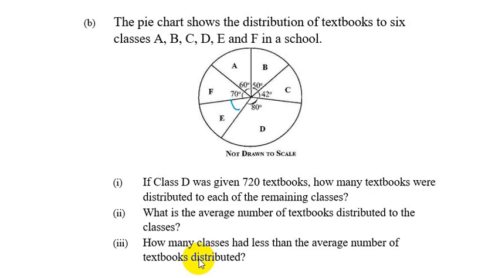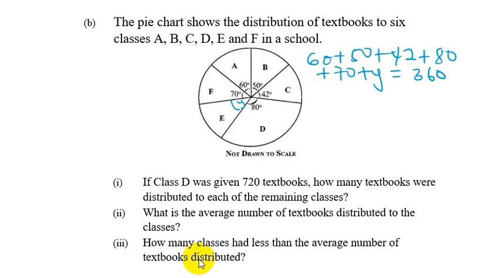So let's find it. We know that in the pie chart, all the angles sum up to what? 360. So we'll add everything and equate to 360. So we are going to get 60 plus 50 plus 42 plus 80 plus 70. Then we can put y here where E is, so plus y being equal to 360.